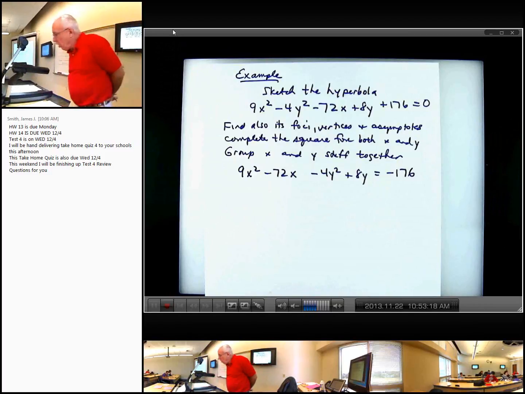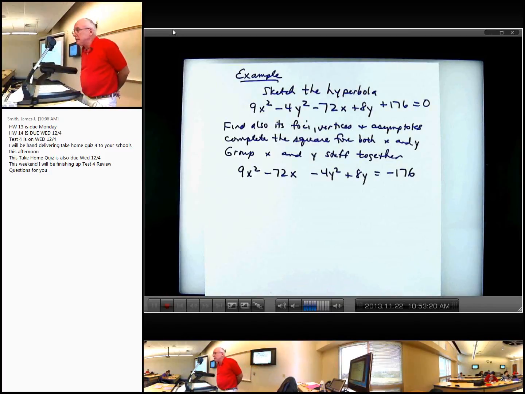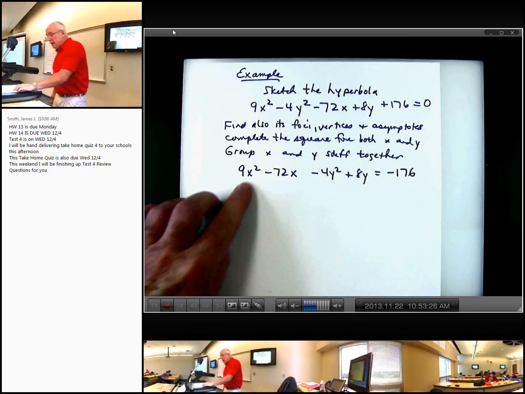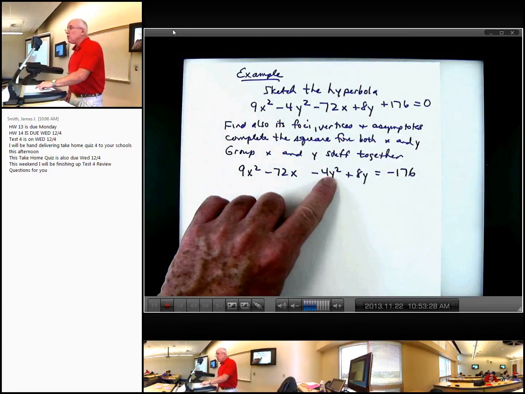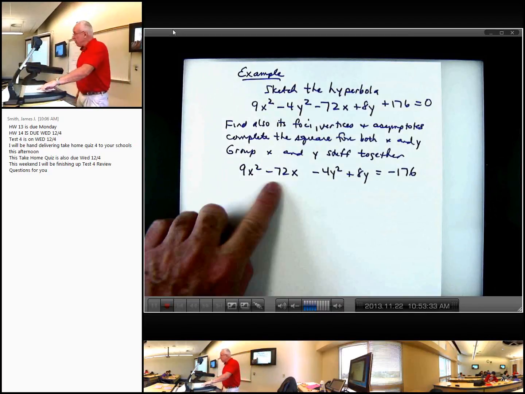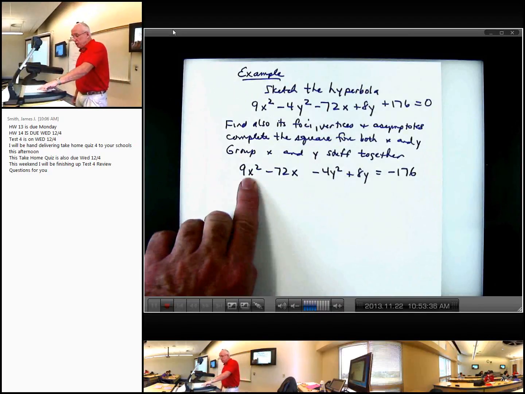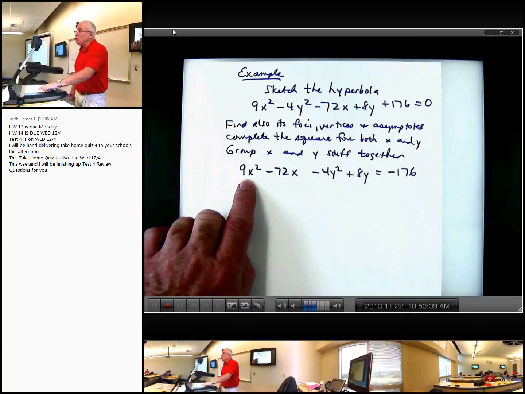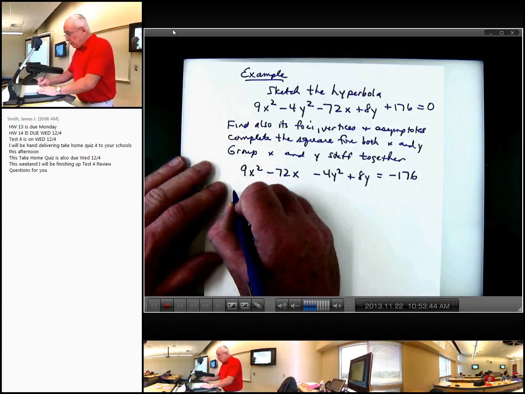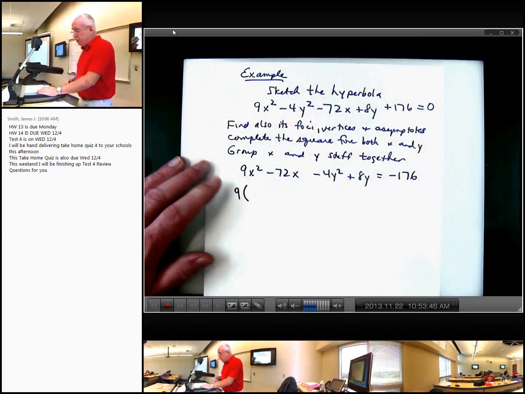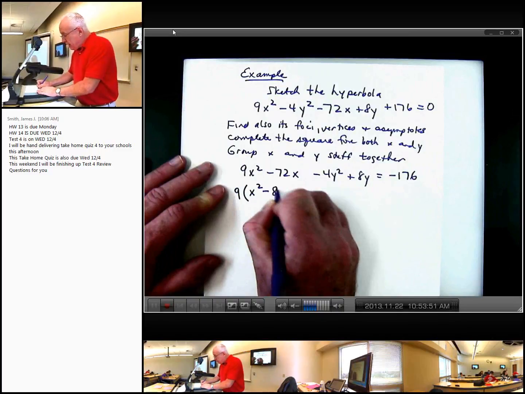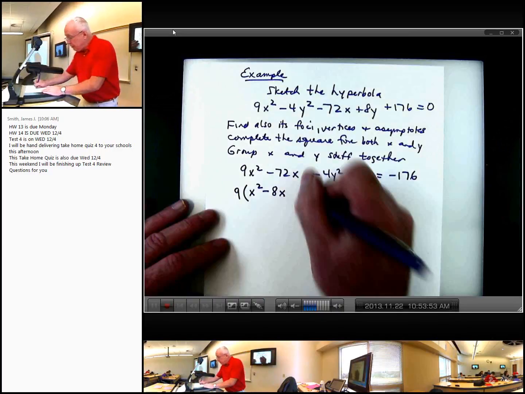Now, all of these problems are going to work out nicely. Another thing with completing the square is that your x or your y coefficient has to lead with the number 1. But look at what we have for our two x terms here. We can factor out a 9 in front of each one of these. So these two terms can be represented as 9 times x squared minus 8x. And I'm going to leave some space here.